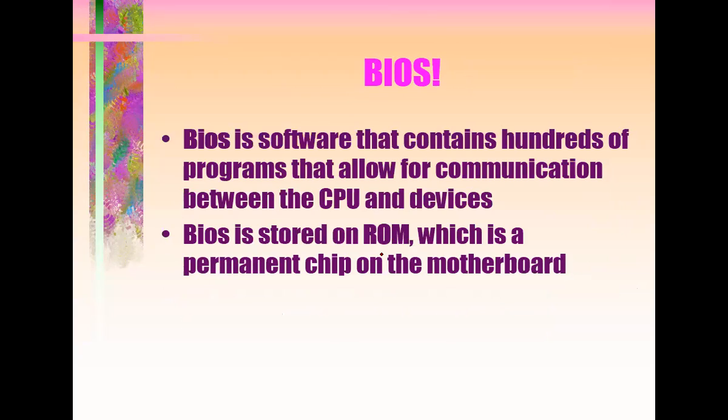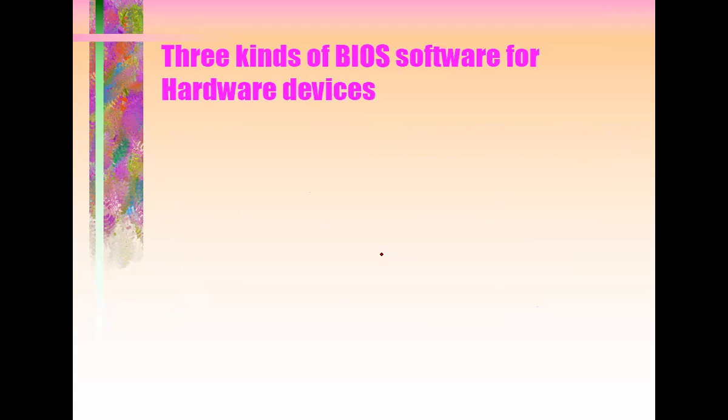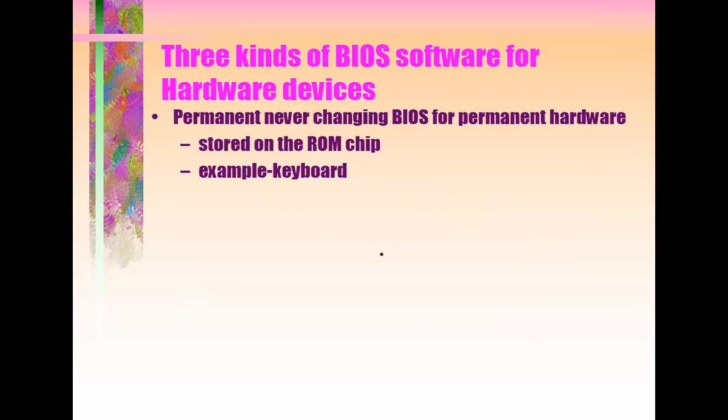BIOS, which is basic input-output system, is stored in the read-only memory, and it's a permanent chip on the motherboard. So that one, which I showed you the other day, I said that is the ROM, that is where the BIOS is stored, right? So BIOS is a software and ROM is a hardware. So we are saying the BIOS resides inside the ROM, right?